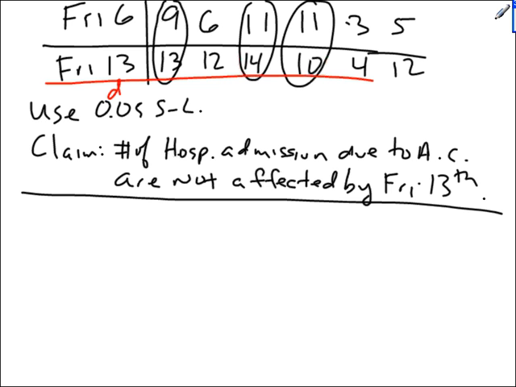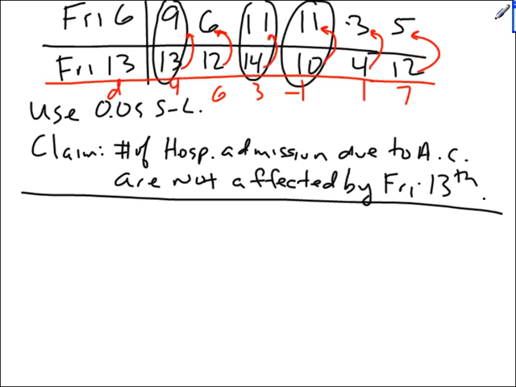Now, we claim that Friday the 13th should have more accidents, so let's do Friday the 13th minus Friday the 6th. 13 minus 9 is 4. 12 minus 6 is 6 more accidents. 3 more accidents on Friday the 13th. Negative 1, which is 1 accident less. 4 minus 3 is 1. 12 minus 5 is 7.